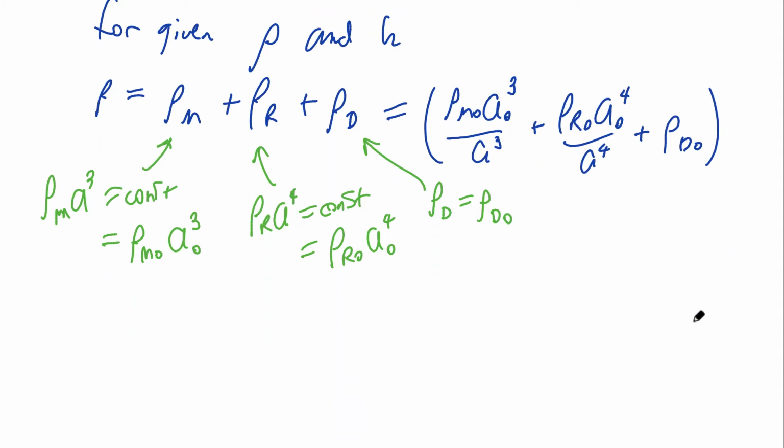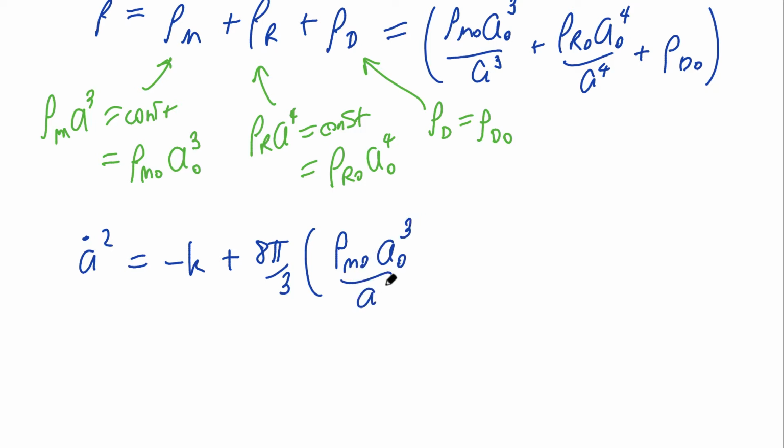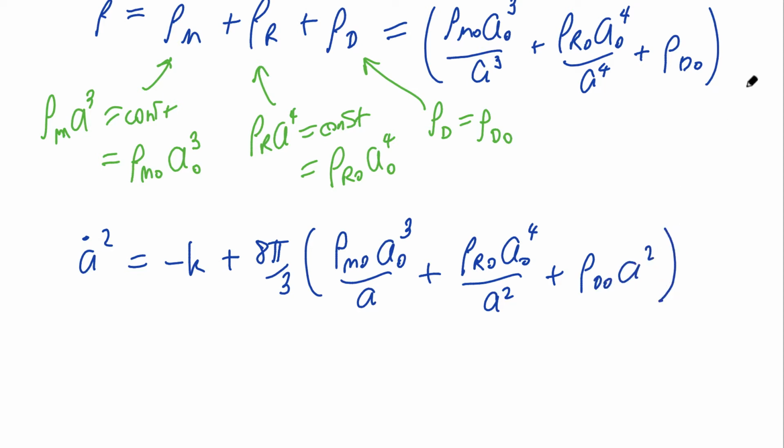Then the Friedmann equation becomes a dot squared equals minus k plus 8 pi over 3 times rho sub m0 times a0 cubed over a plus rho r0 a0 to the fourth power over a squared plus rho d0 times a squared.